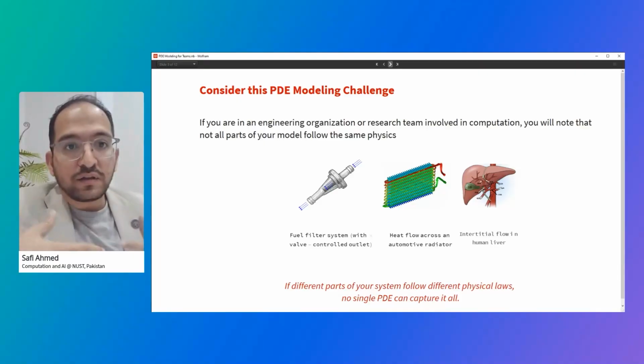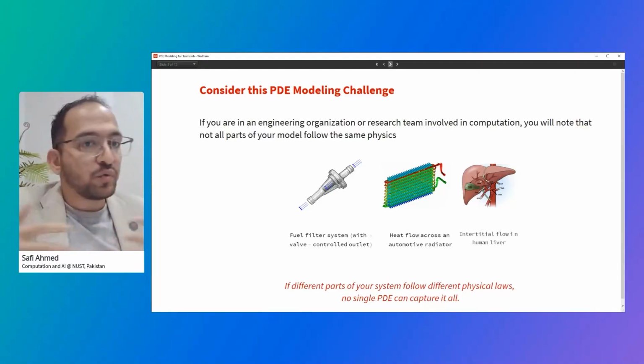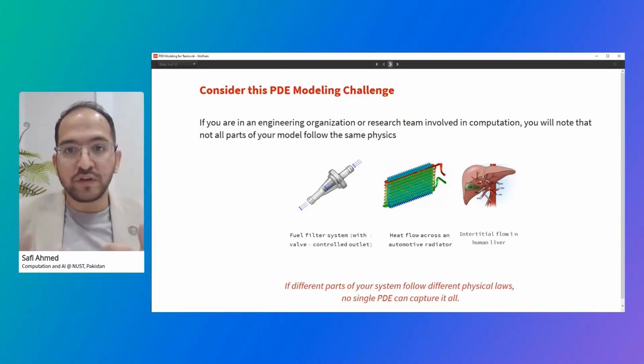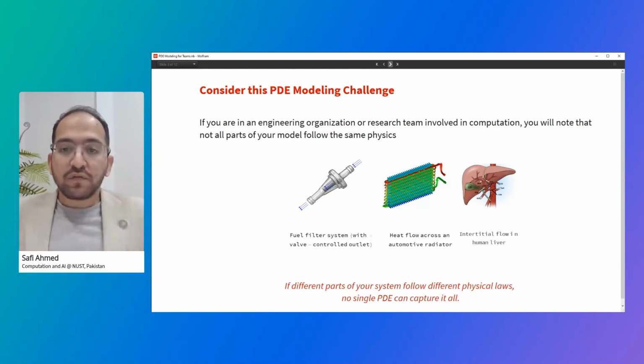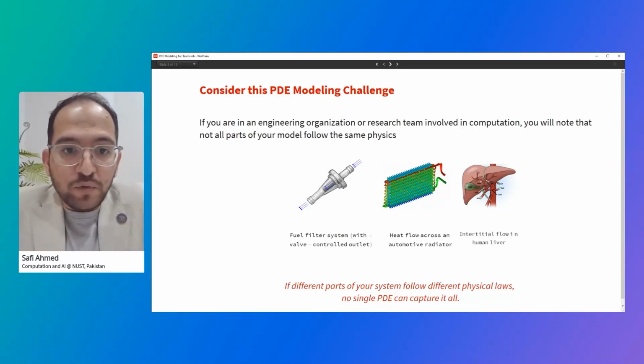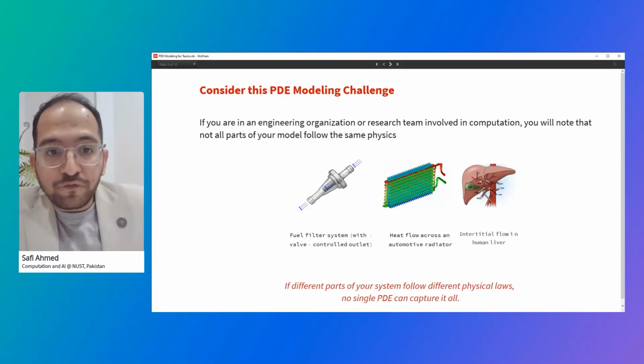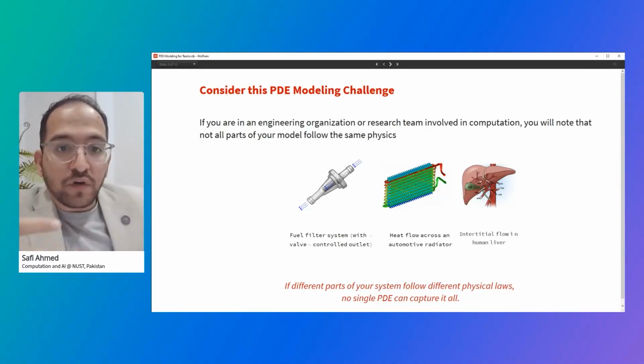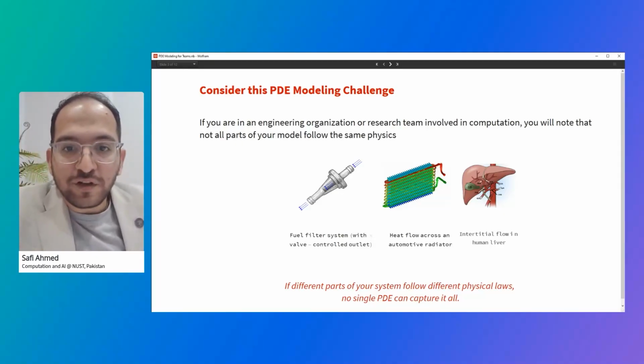So consider this modeling challenge where you are in an engineering organization or a research team doing computations, and you will note that in whatever model you're working on, not all parts of your model are going to involve the same physics. For instance, on the left, I have a fuel filter system from a motorcycle, and you see that there is a free flow region and various porous regions, and the flow of fuel in each of these regions is governed by a different set of differential equations.